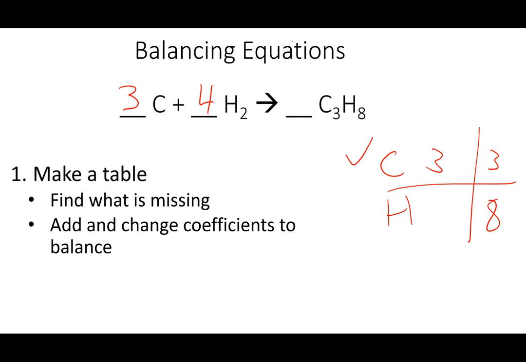That gives us 8 H's, and now both sides are balanced. So the balanced form of this reaction is 3 C's, 3 carbons, plus 4 molecules of hydrogen gas make 1 C3H8. And remember, if I don't write a number, we can assume that this is just 1 here.